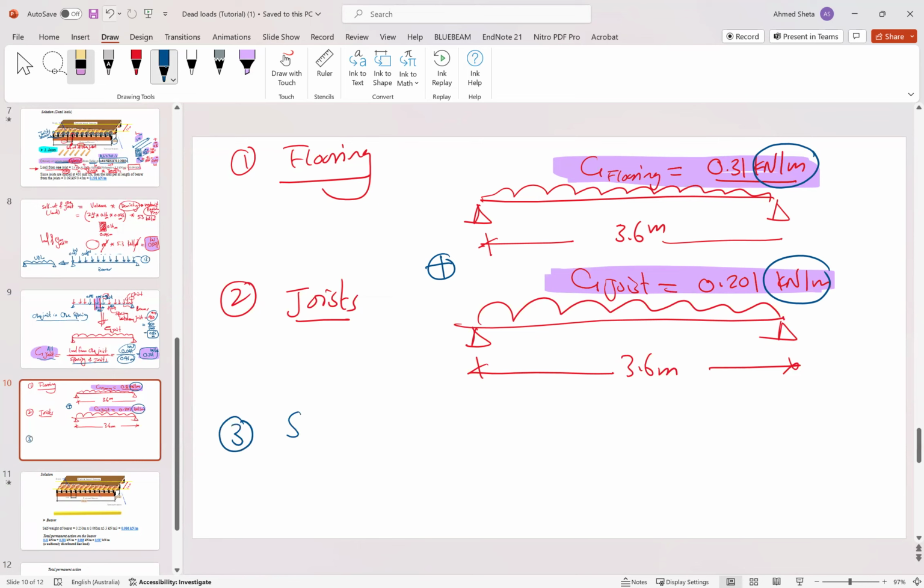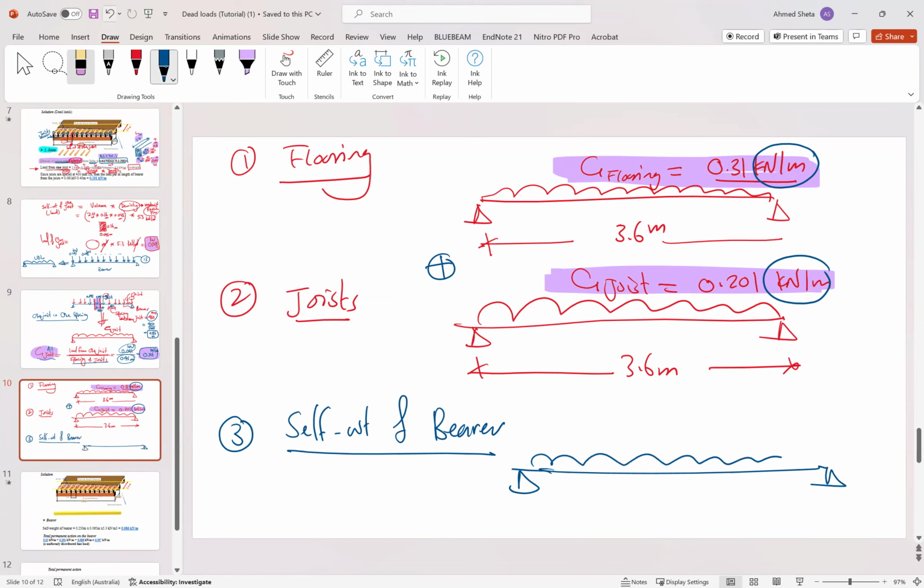The third step is only the self weight of the bearer. We need the self weight of the bearer also as a uniform dead load. So it will be G self weight, also in kilonewton per meter. If you sum the three components together, you will find the final dead load on the bearer.